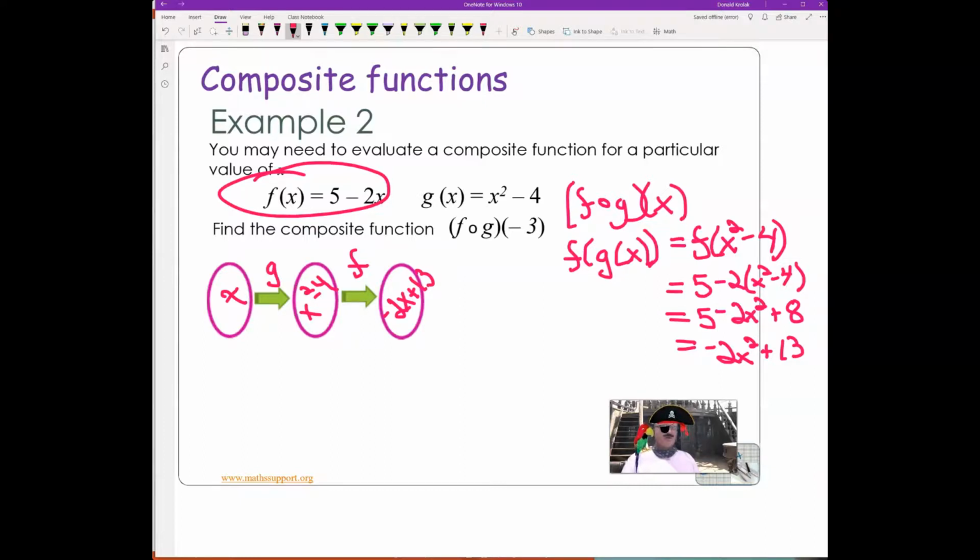Now I can plug in -3. So -2 times -3 squared plus 13.